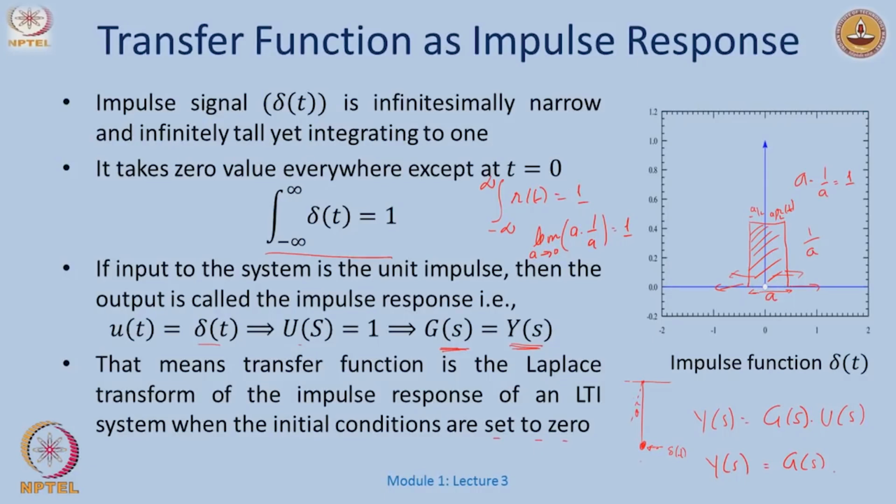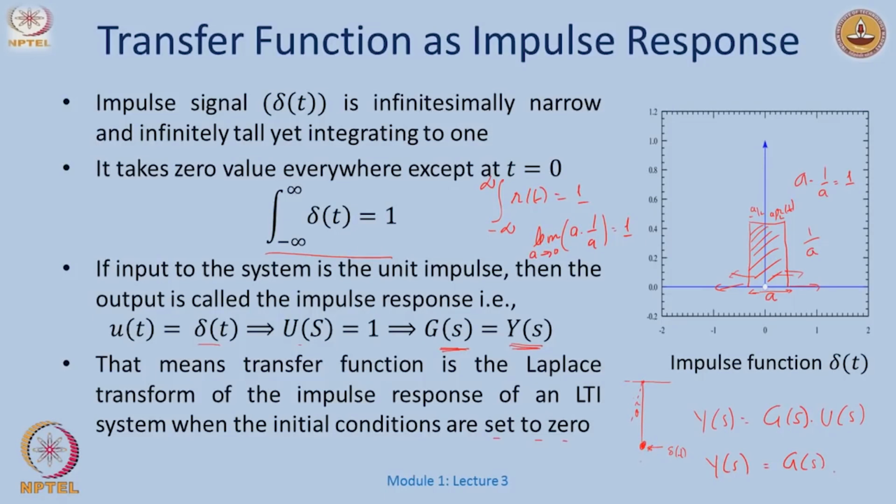So what would you expect? Loosely speaking, I just give it a little push, so it will follow its natural response. If it is a system which has no damping, it will keep on oscillating all the time. If it has damping, the oscillations will die down. This is the natural response of the system.